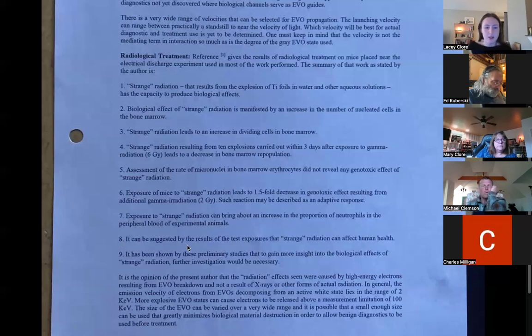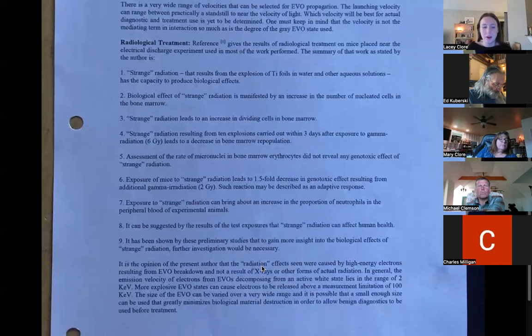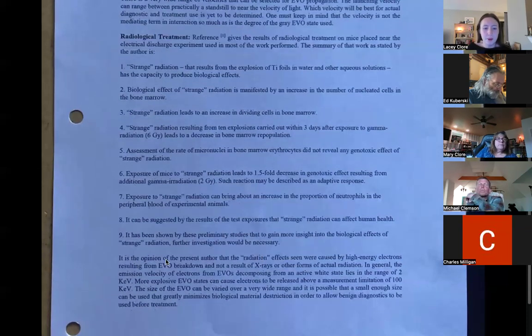Number 8, it can be suggested by the results of the test exposures that strange radiation can affect human health. Number 9, it has been shown by these preliminary studies that to gain more insight into the biological effects of strange radiation, further investigation would be necessary. It is the opinion of the present author that the radiation effects seen were caused by high energy electrons resulting from EVO breakdown and not a result of X-rays or other forms of actual radiation.